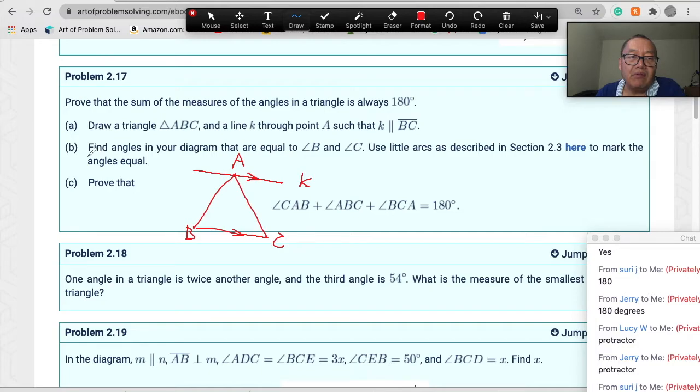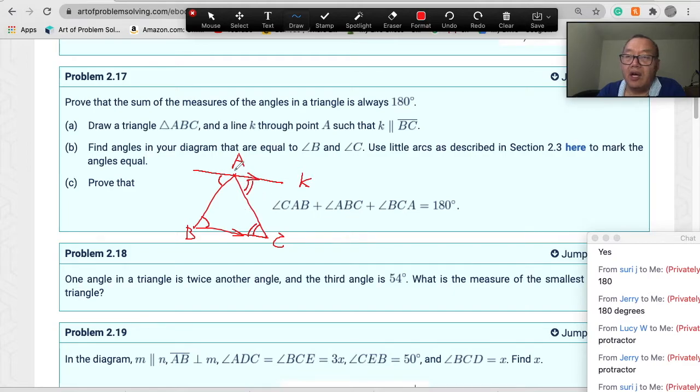Then, find angles in your diagram that equal angle B and angle C. Line K is parallel with BC, so this angle equals angle B, because they are alternate interior angles, right? They should be the same. Then angle C will equal this angle.